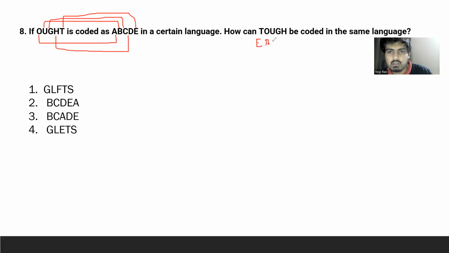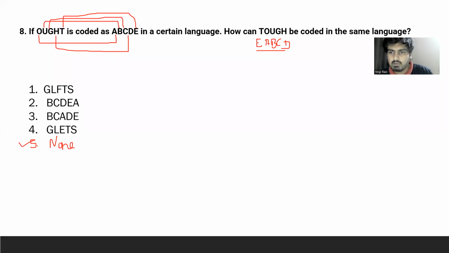So we can directly write A, B, C, and D. So this will be our answer. Which one will it be? None of them is given here. So we will take the fifth option, none, and the fifth will be our answer.